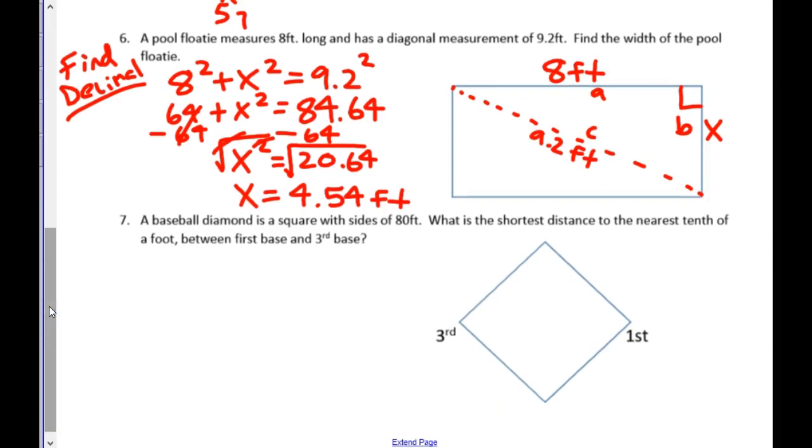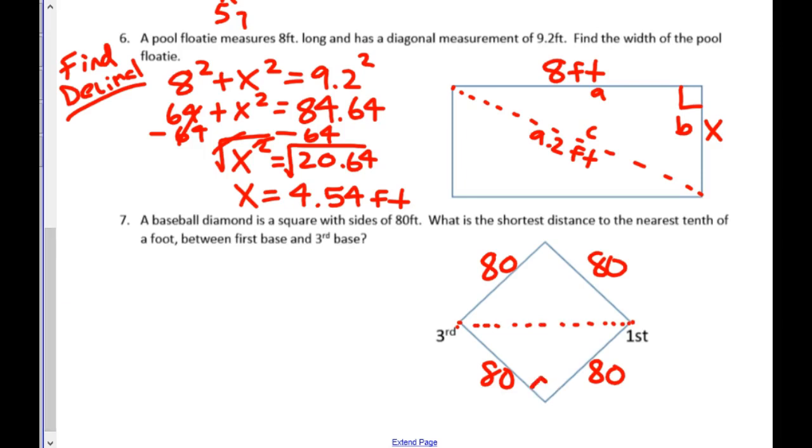Last one, a baseball diamond is square with sides of 80 feet. All the way around, 80, 80, 80. Alright? Label what you know. What is the shortest distance, to the nearest tenth of a foot, between first and third base? So here's first, here's third. And since this is a square, we have a right angle.